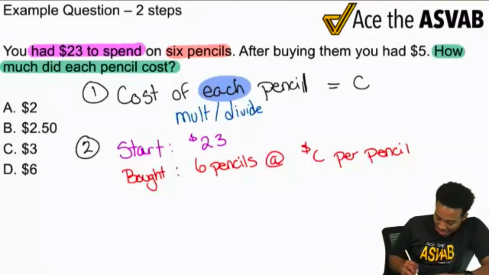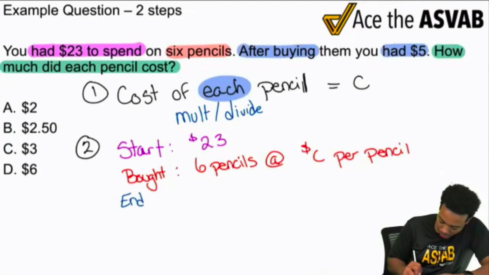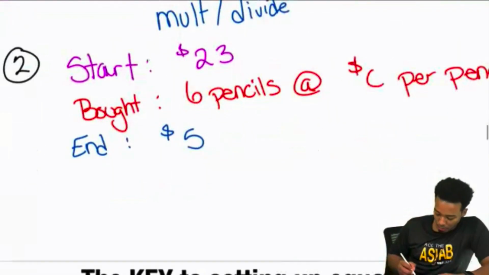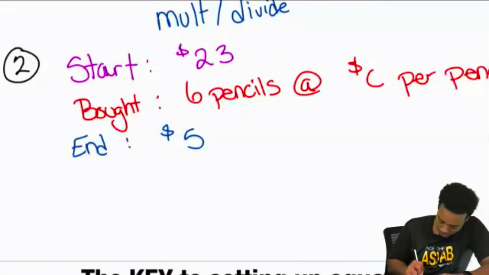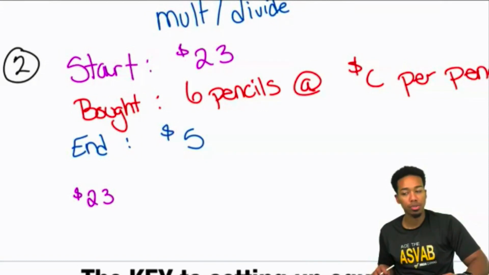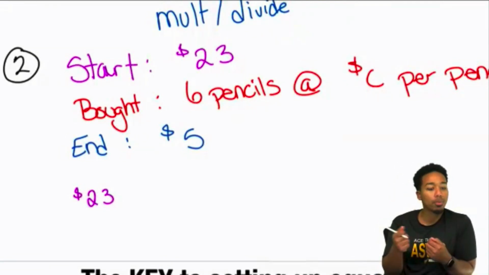And then we ended with, let me use a different color here. We ended with, after buying, you have $5. So the result, you end up with $5. So let's go ahead and think of it like this. If we start off with 23 bucks, everybody, when you buy those 6 pencils at C dollars per pencil, or when we purchase, when we spend money, what operation is that?